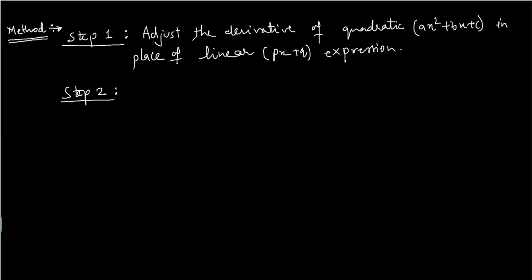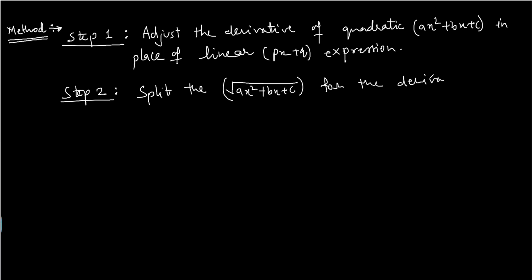After you have adjusted the derivative of quadratic in place of linear, the next step is to split the square root of quadratic for the derivative of ax square plus bx plus c by multiplying inside the bracket.